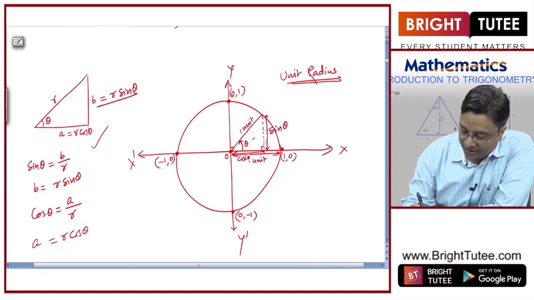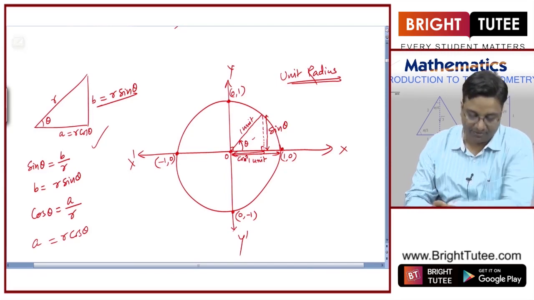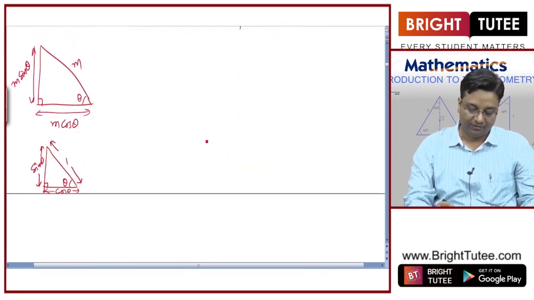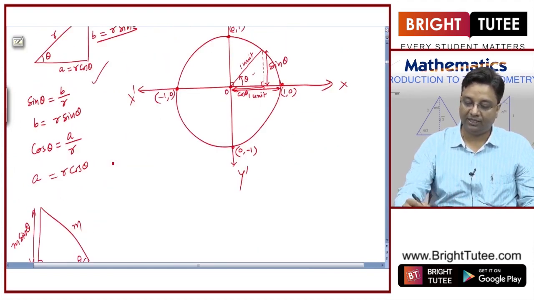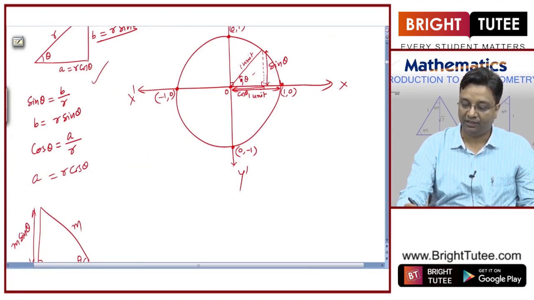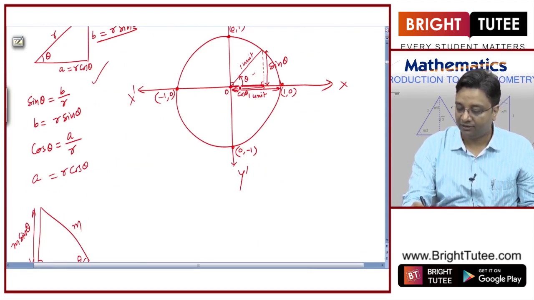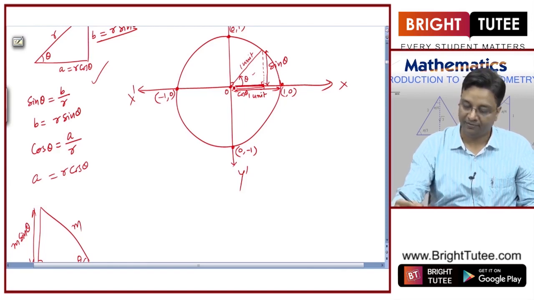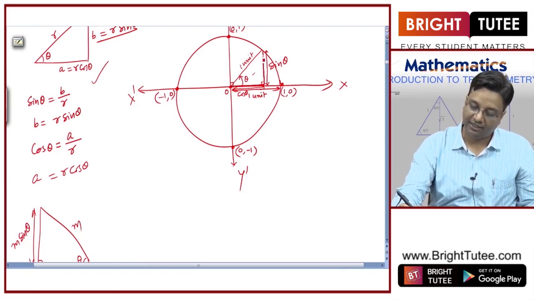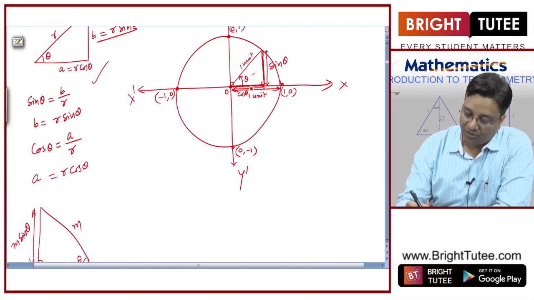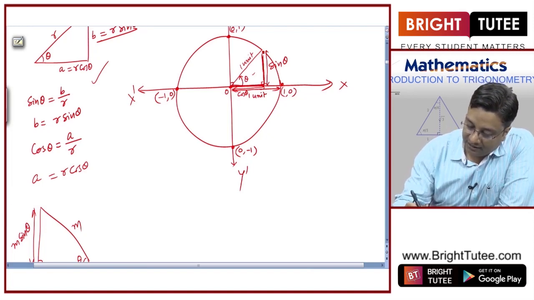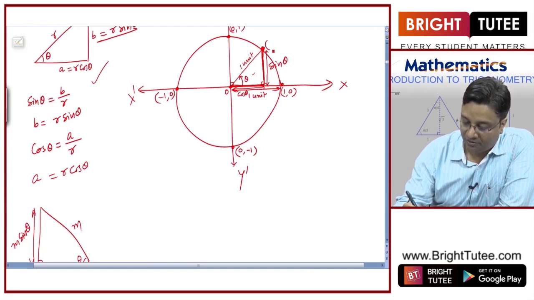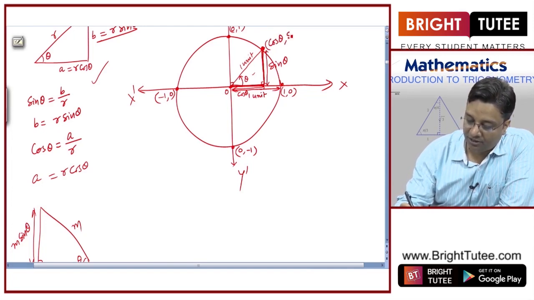This will be cos theta, right. From this knowledge, if this hypotenuse is 1 unit and this angle is theta, then I can say this side is cos theta and this side is sin theta. So, if this length is cos theta and this length is sin theta, what will be the coordinates of this point? Obviously cos theta comma sin theta, right.